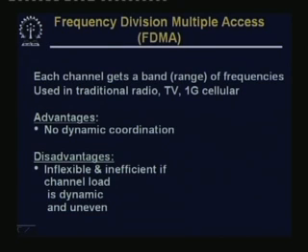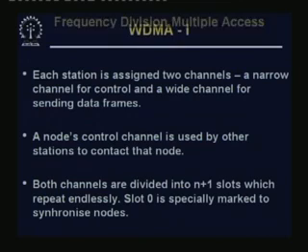In frequency division multiple access, each channel gets a band or range of frequencies, used in traditional radio, TV, first generation cellular, etc. The advantage is, of course, no dynamic coordination, absolutely distributed. The disadvantage is that it is inflexible and inefficient if channel load is dynamic and uneven, and this is a very great disadvantage. The inefficiency by today's standard is quite high, but at one point of time it was quite good.